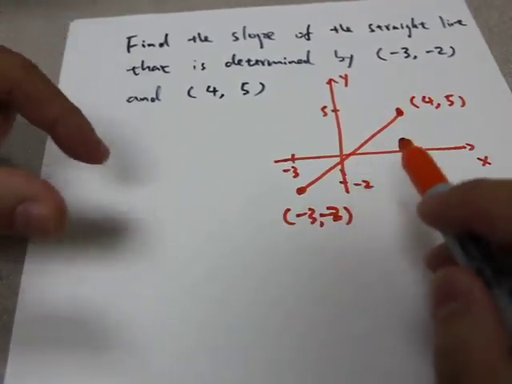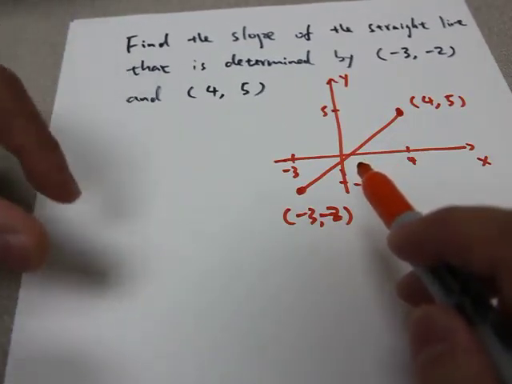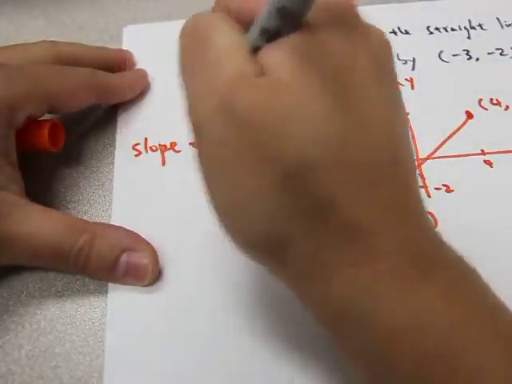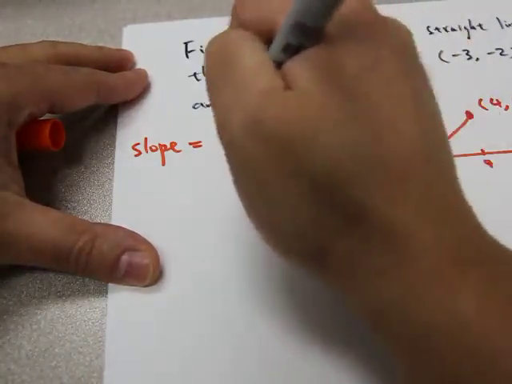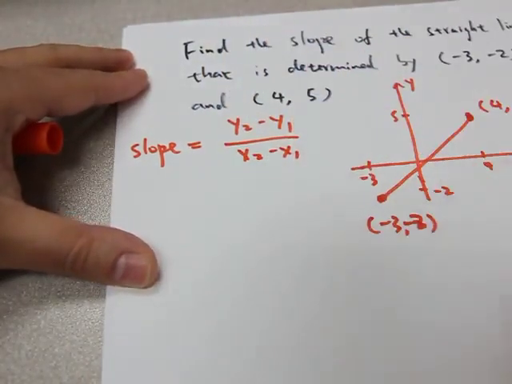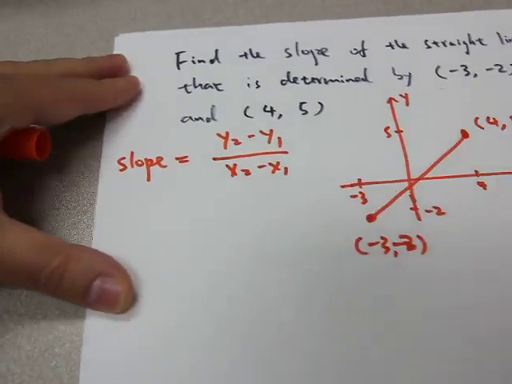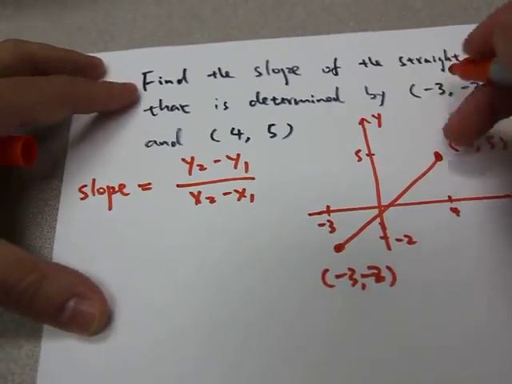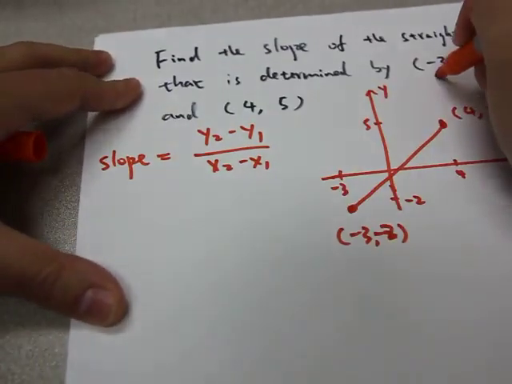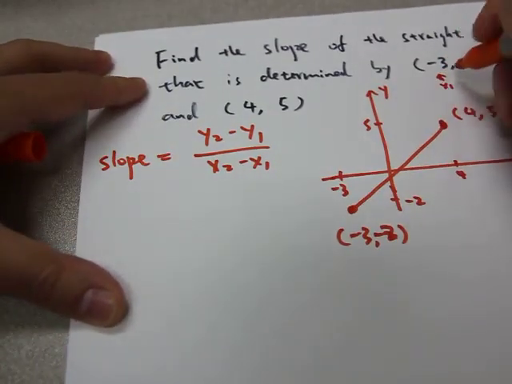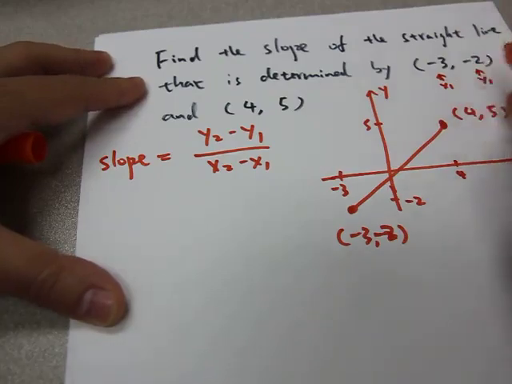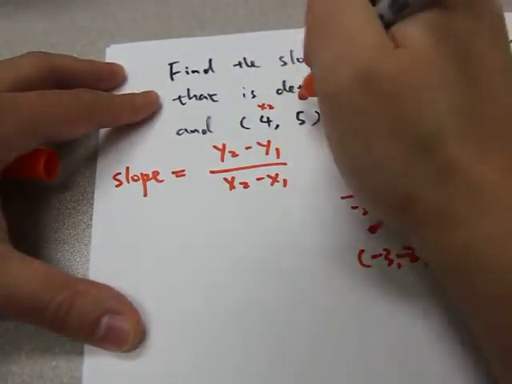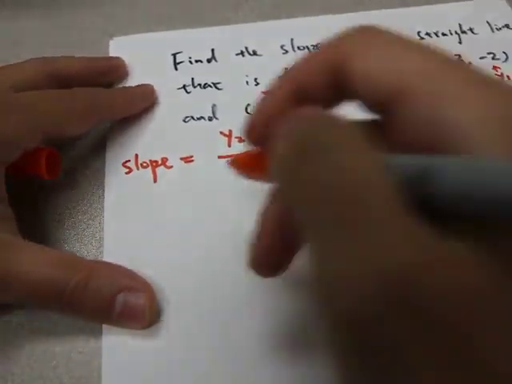Now we can find the answer using either method. If we decide to use the formula of the slope, and I pick this as the first point, then x1 is -3 and y1 is -2. Therefore x2 is 4 and y2 is 5.